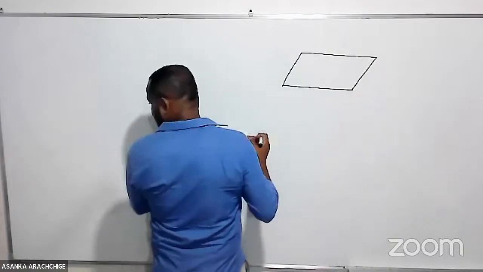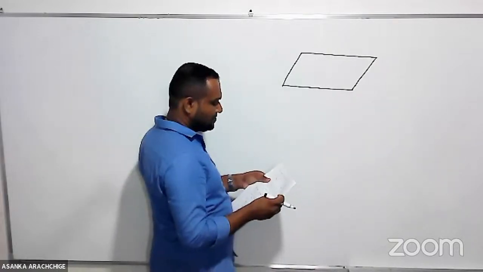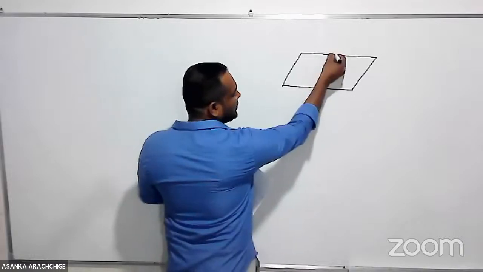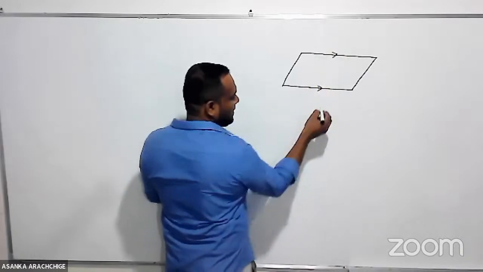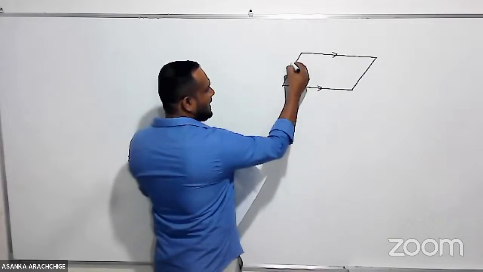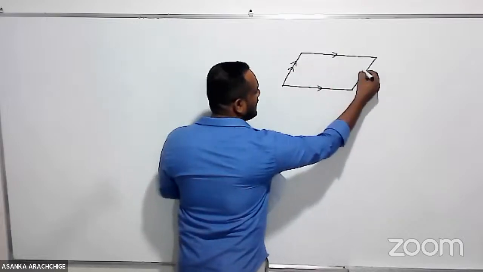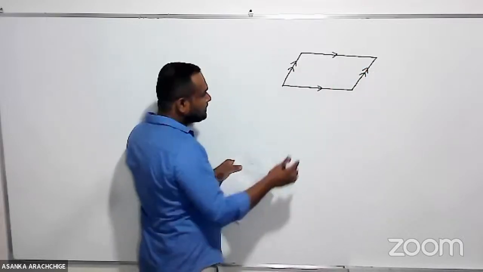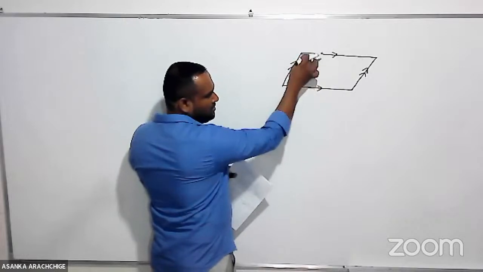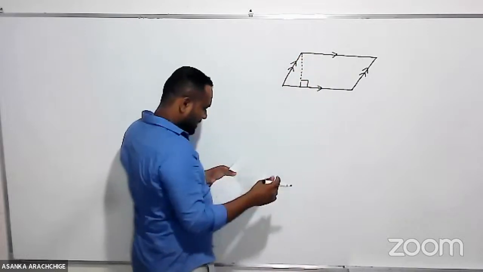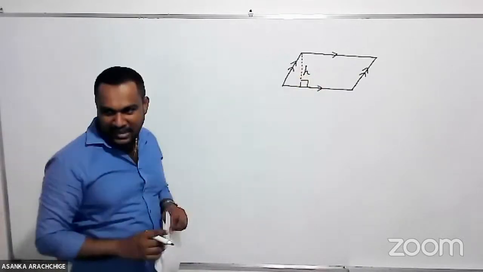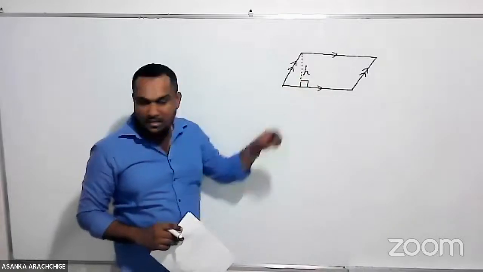This is the given parallelogram. In this parallelogram, you have to put the same number of arrows on both of these two sides as well as on these two sides. You are given the perpendicular distance between these two sides, h, and that is what you have to find, the value of this symbol h.